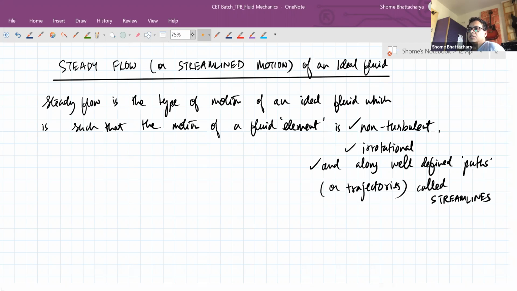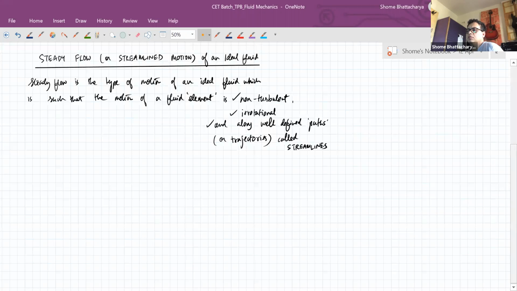Okay, so let us understand this in more detail. So turbulent motion versus non-turbulent flow.